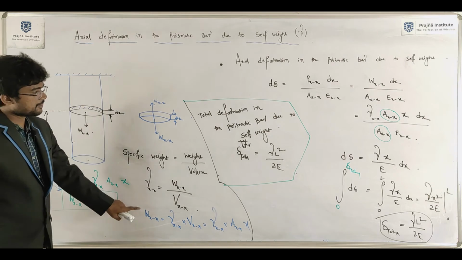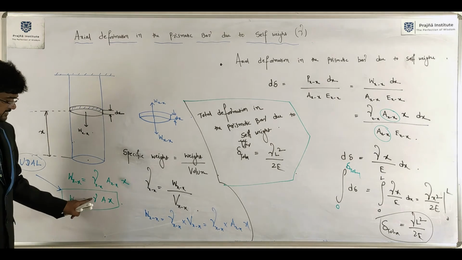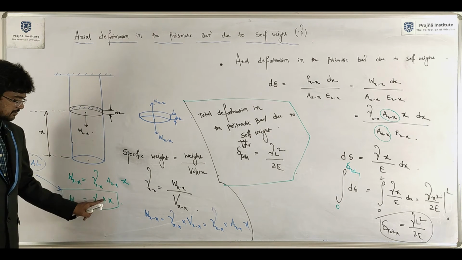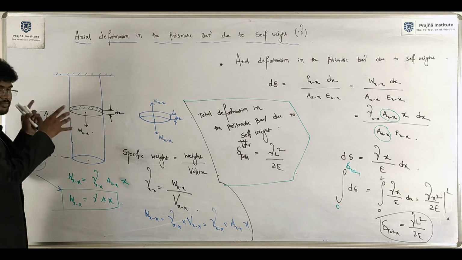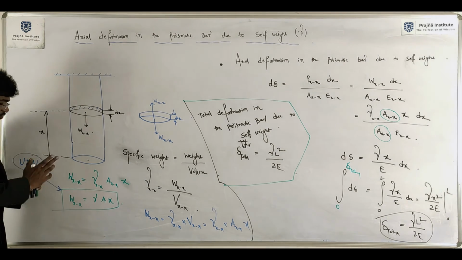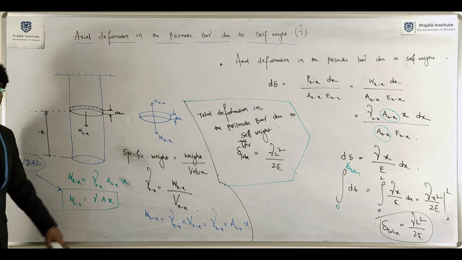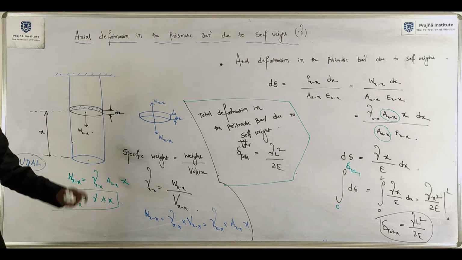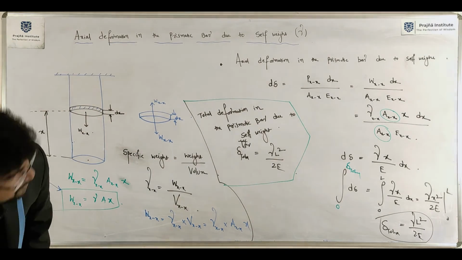This is also the same. Gamma x is nothing but gamma, Ax is nothing but A, because of the uniform area of cross section. The weight varies with respect to x, so it is a uniformly distributed axial load.